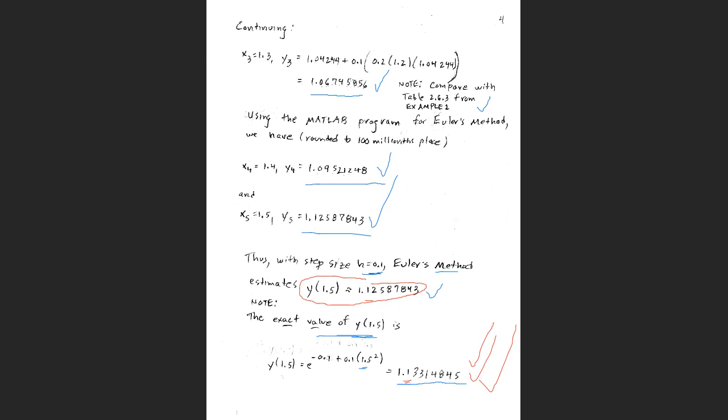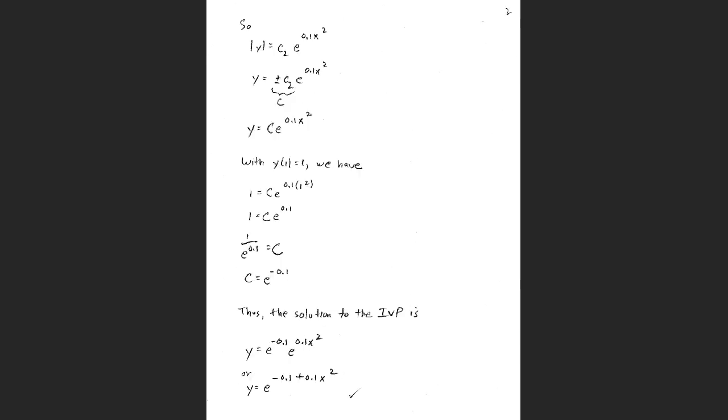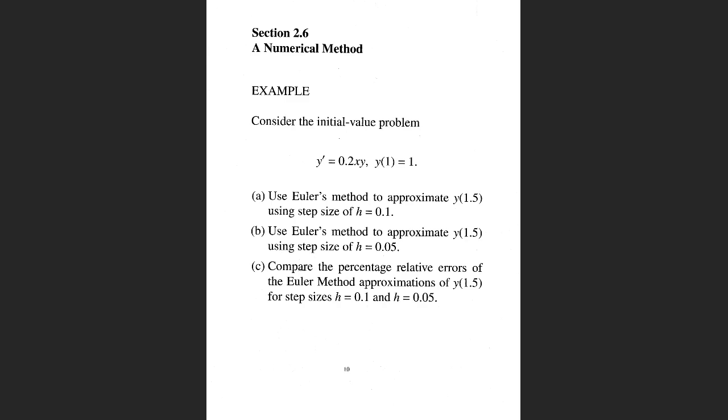Going back to the example, when we used the step size of h equals 0.1, we needed five iterations. So if we wanted, like in part B, to do a step size of 0.05 to approximate our solution when x equals 1.5, how many iterations would we need?